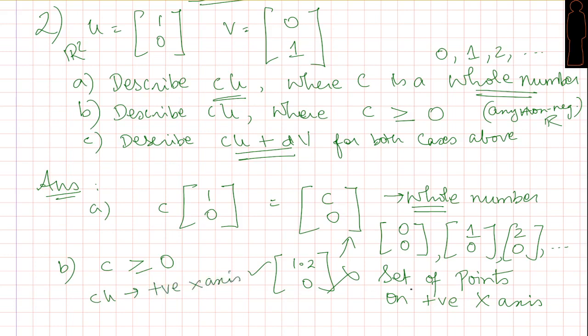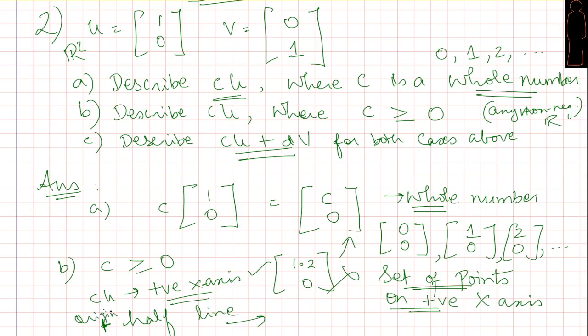Remember, here we had a set of points on the positive x-axis, whereas here this is actually a line, but not infinitely in both the directions. It's a half line. It's a half line because in the positive direction it can keep extending infinitely, but then it stops at the other end, which is at the origin.